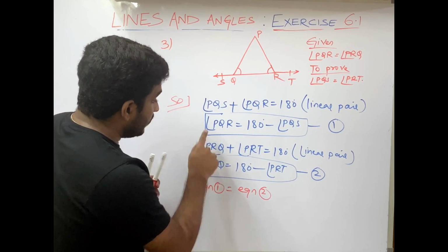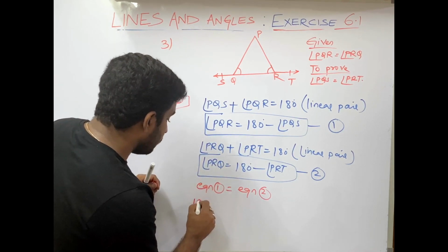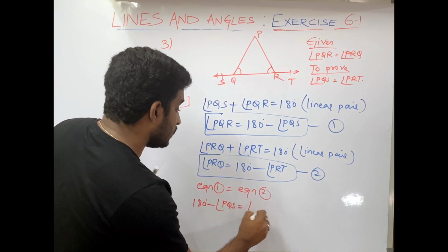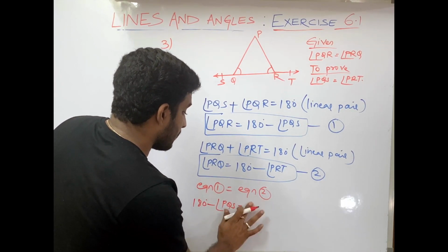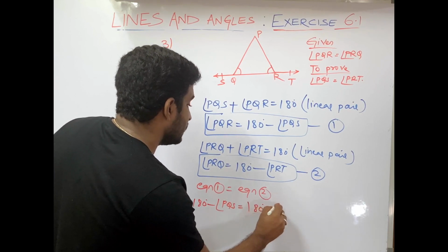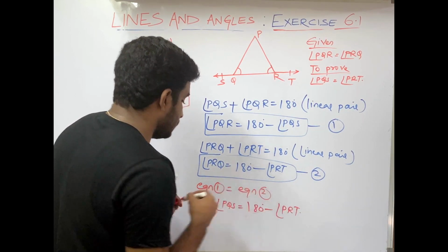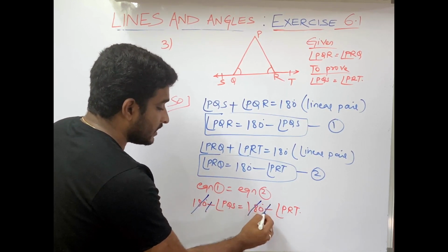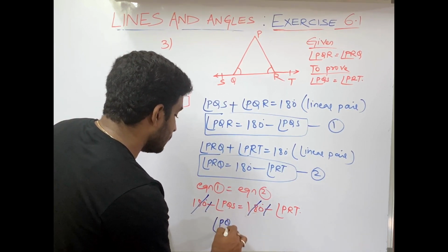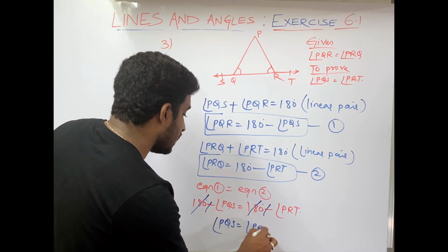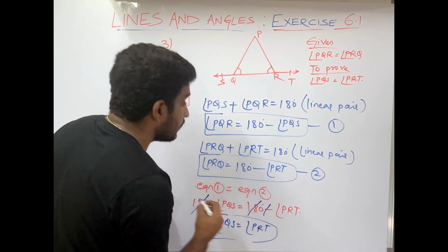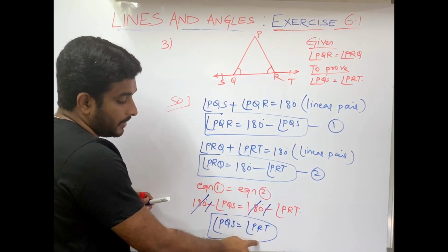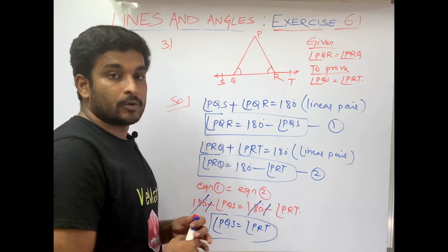When we equate 1 and 2, then it will be 180 degrees minus angle PQS equal to 180 degrees minus PRT. That is, 180 will get cancelled, minus and minus will get cancelled, then it will be PQS equal to PRT. What they told to prove, angle PQS equal to angle PRT, hence proved.